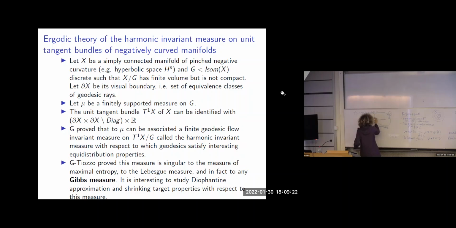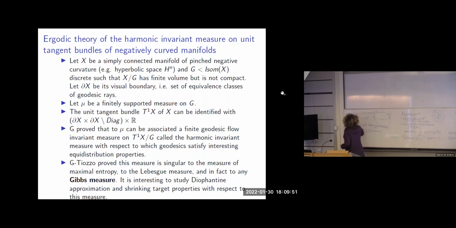The geodesic came from somewhere on the boundary, it's going to somewhere on the boundary, and it's somewhere along this line at the present time. So that's basically the parameterization. Okay, so by taking mu times dt and fudging it a bit, you can get a measure on this unit tangent bundle of X.